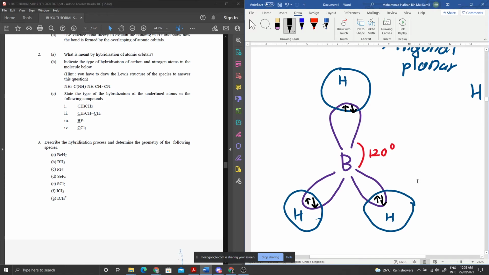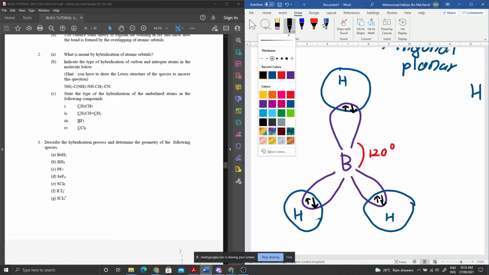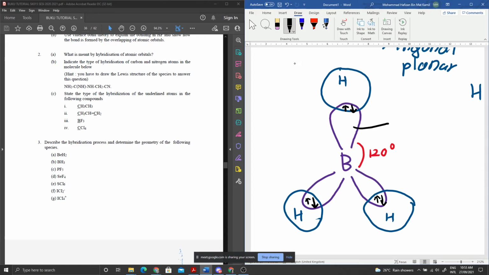Another thing is you also need to label dia punya orbitals. So labeling the orbitals is very easy. You boleh nak buat macam ni. So you draw just sp2 kan, ataupun you nak draw is sp2, also okay lah. Whatever cara you nak label is okay.